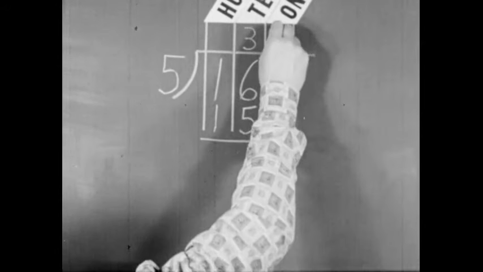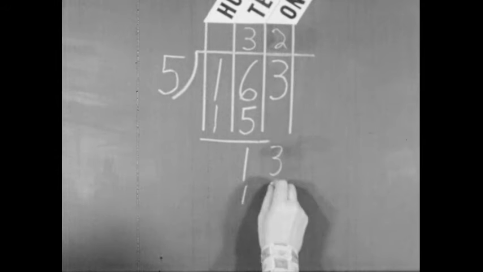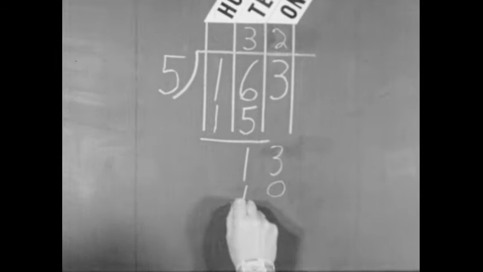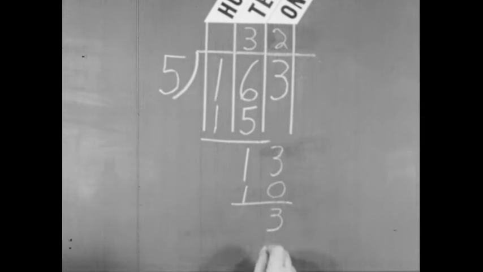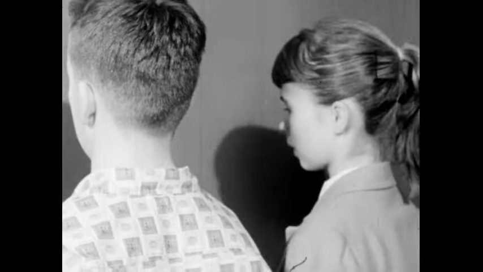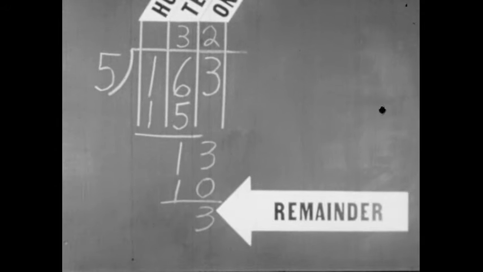And notice that Bob is putting the 2 in the ones place. 13 ones equal 2 groups of 5 ones with 3 ones left over. Do you remember what this 3 is called? That's right. The remainder. 163 divided by 5 equals 32, remainder 3.